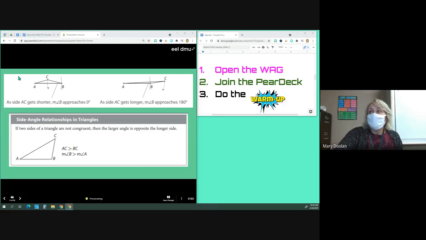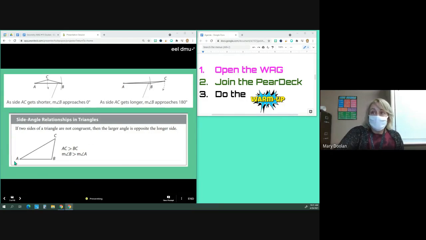So we can use this idea to make this relationship: if 2 sides of a triangle are not congruent, meaning they are not the same size, then the larger angle is opposite the longer side.